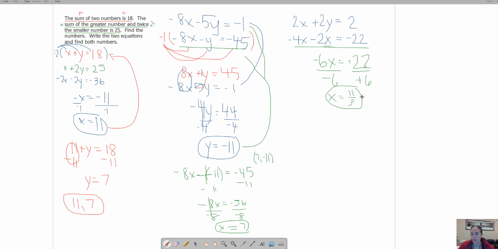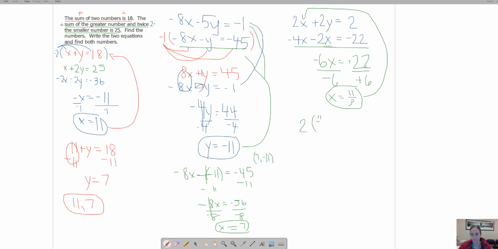Okay, so then I'm just going to take this and substitute it right into this other equation for that x right there. Okay, so this is going to be 2 times x. Oh, just kidding. Let me actually put my number in there. Okay, so we're substituting this 11/3 in for x.